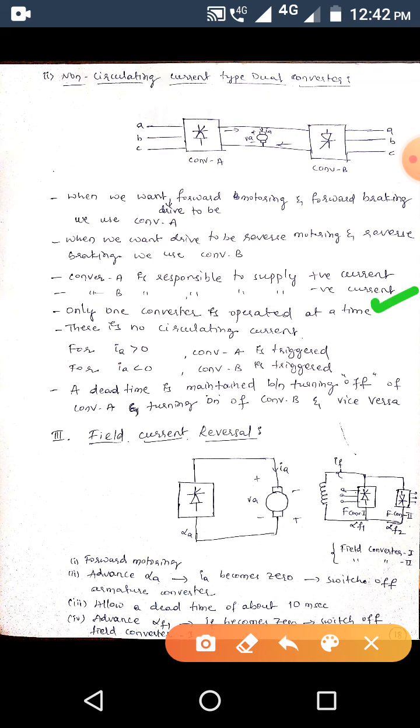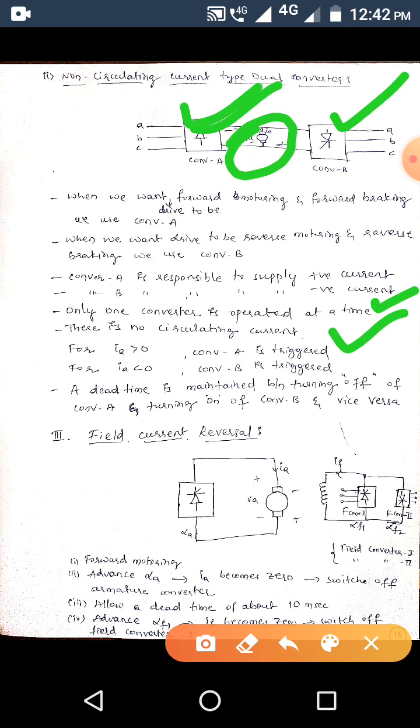If the armature current is positive, then converter A will be triggering, that is, converter A is operating. If the armature current IA is negative, converter B will be operating.